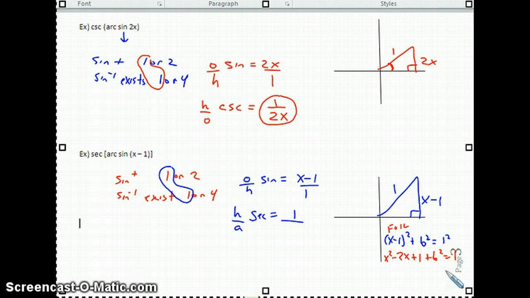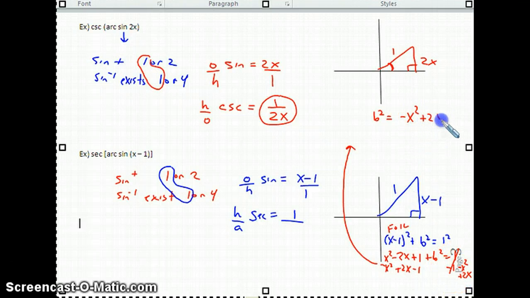And now what I want to do is move everything over to one side of the problem so that I can solve for b. So I end up with b squared being equal to, the 1's cancel out, negative x squared, and then plus 2x.